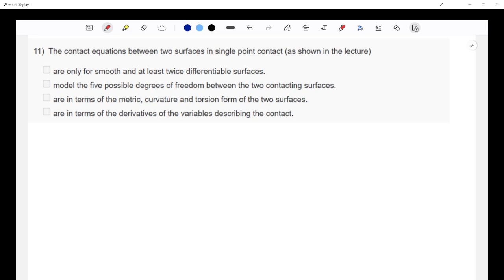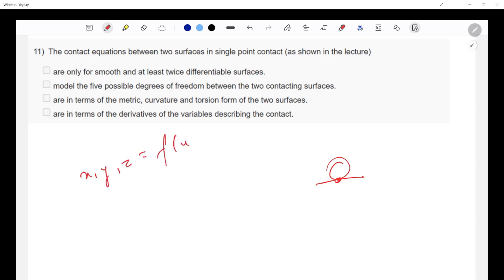We are studying contact between two surfaces at a single point. Every surface can be described as a function of u and v, so x, y, z is a function of u and v. Contact is described by u1, v1, u2, v2 and psi.